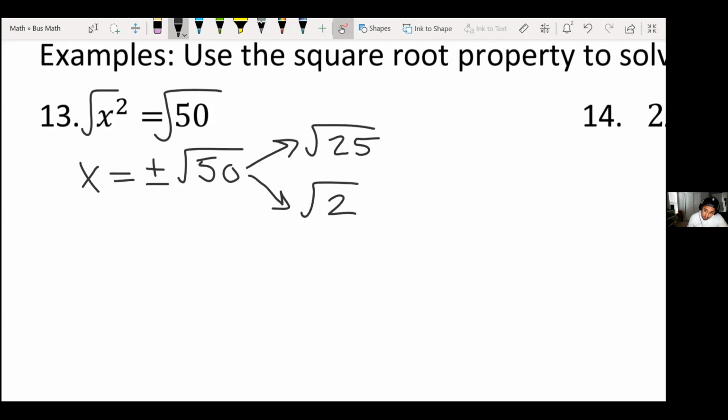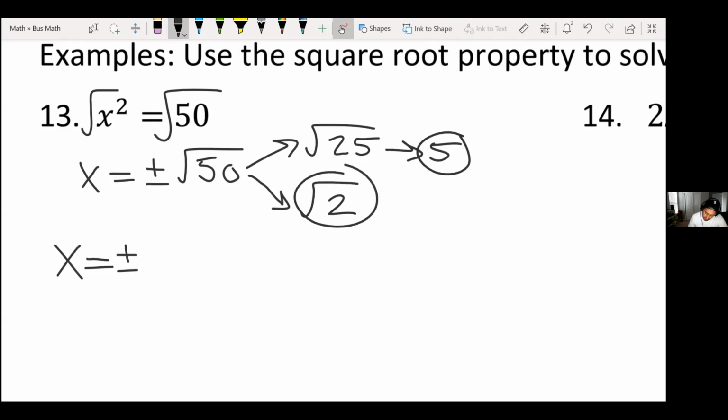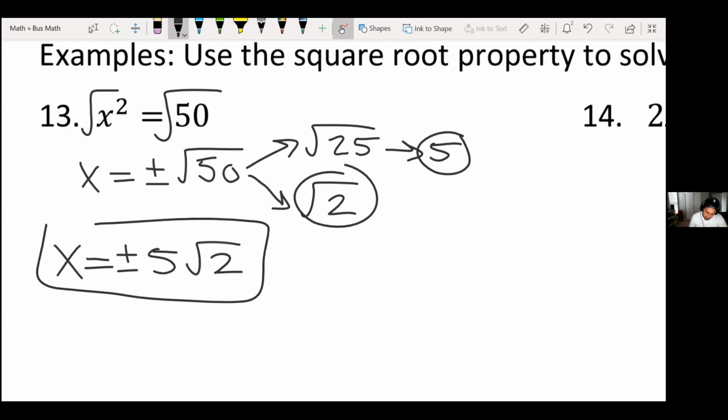And then the square root of 25 becomes 5. Now with that breakdown, we end up with x equals plus or minus 5 times the square root of 2. And there's our answer for x.